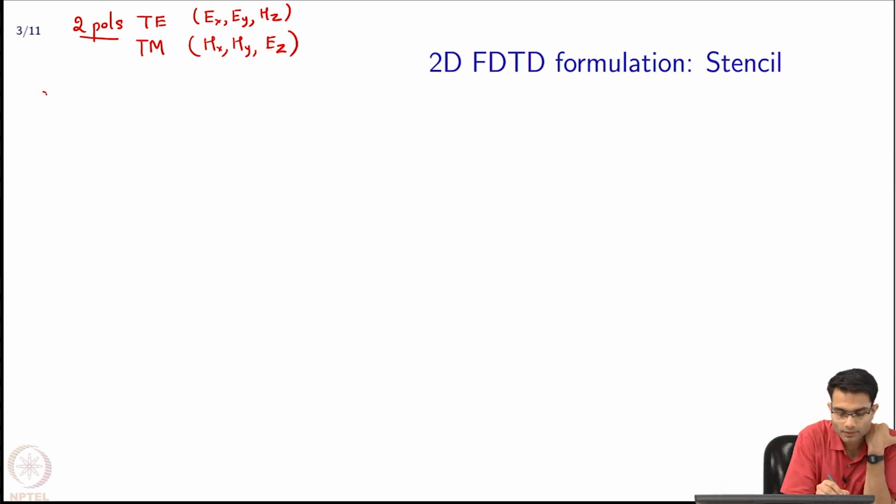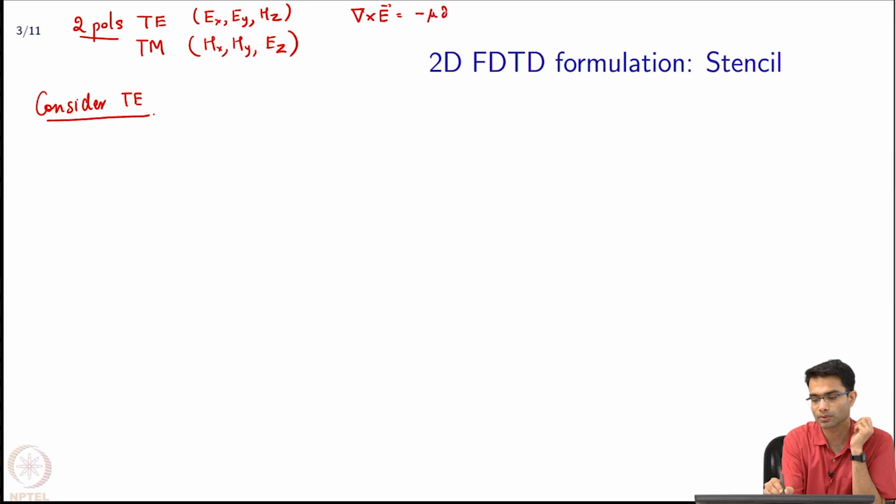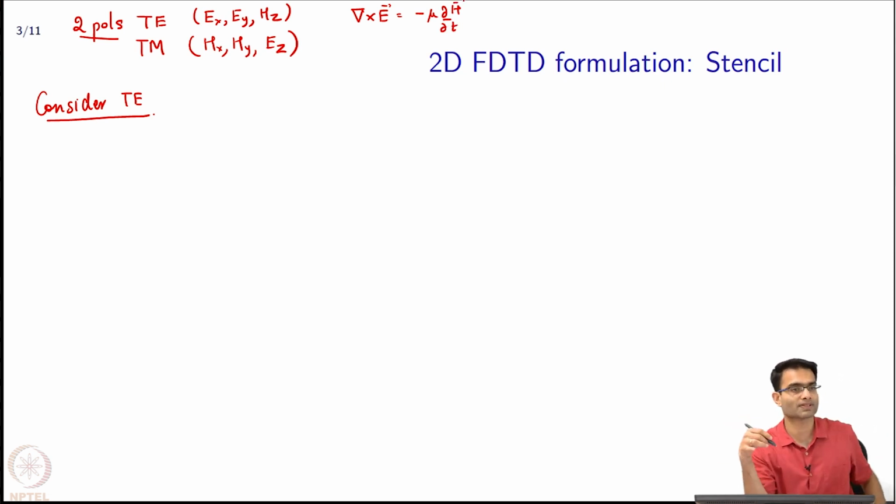So, let us take the TE polarization. Okay. So, we will just write down our Maxwell's equations once over here. Curl of E is equal to minus mu dH by dt. So, given our previous experience with Maxwell's equations, it's tempting to always replace the d by dt by a j omega, but we should remember to not do that.